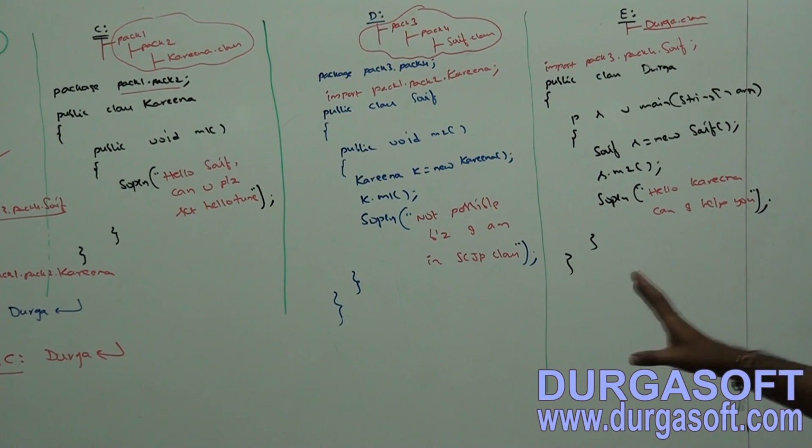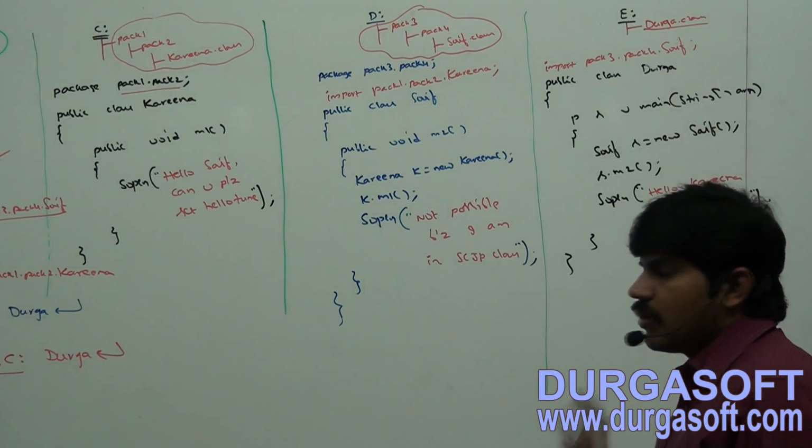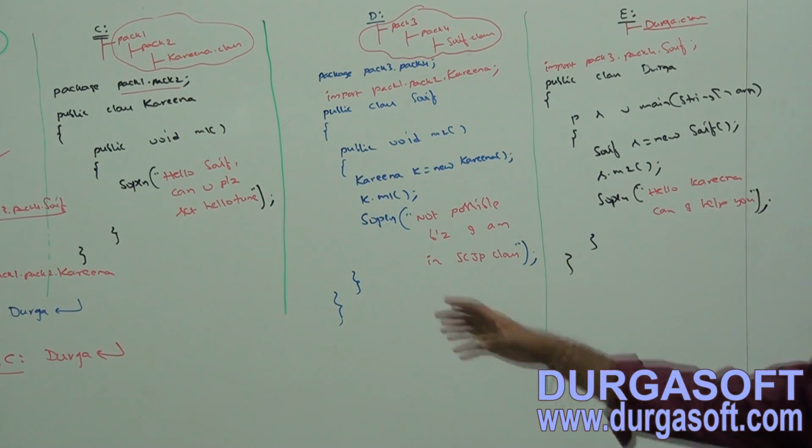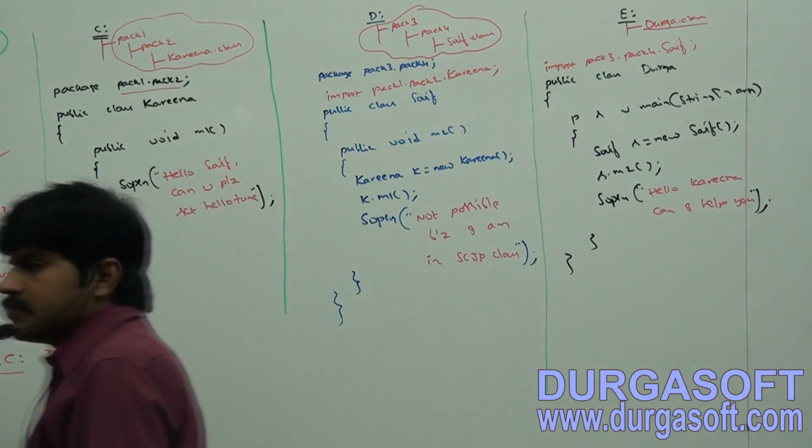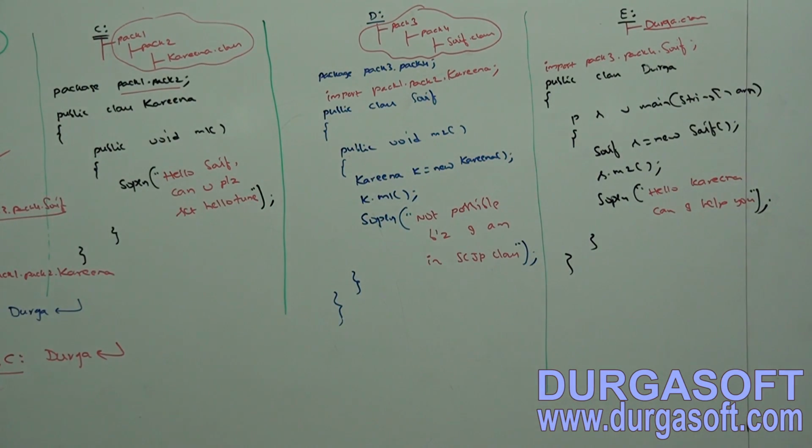First take these three first: C colon, D colon, E colon. After completing, then you can go for this part. Completed, I hope.